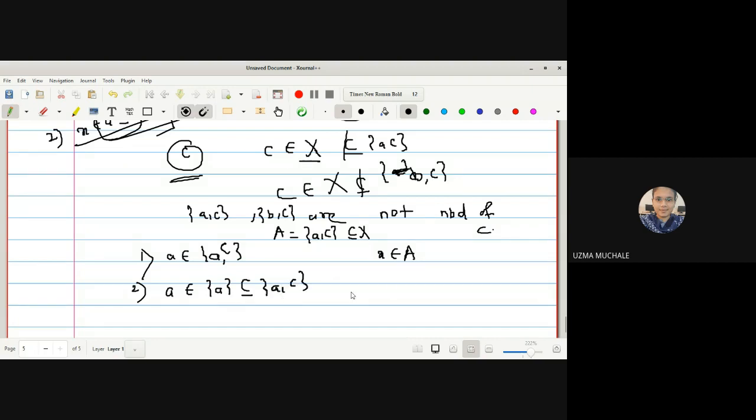Singleton A is an open set, so x belongs to G and G is contained in A. So this condition is also verified. So can I say now AC is a neighborhood of A?